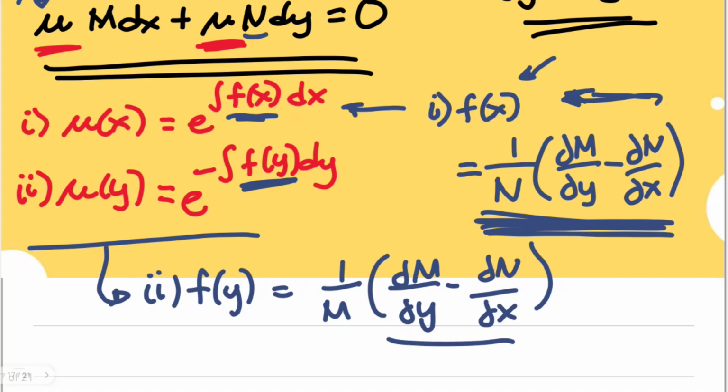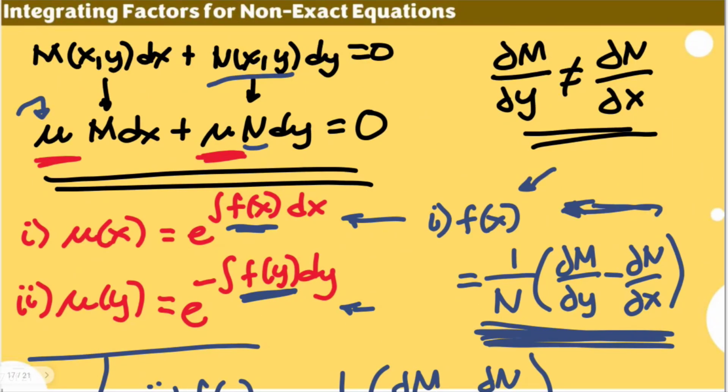Again, this is not 0 because we are sure that it's non-exact. If this entire form becomes a function of y, we can use this second one as an integrating factor to be multiplied in our given equation. Later on, once we multiply that, we are going to duplicate the process of solving by the method for exact equations.